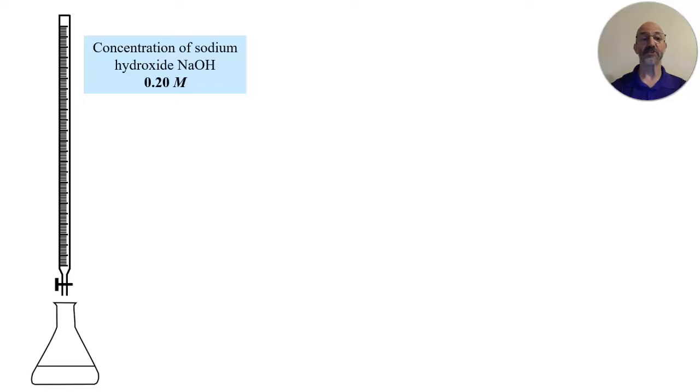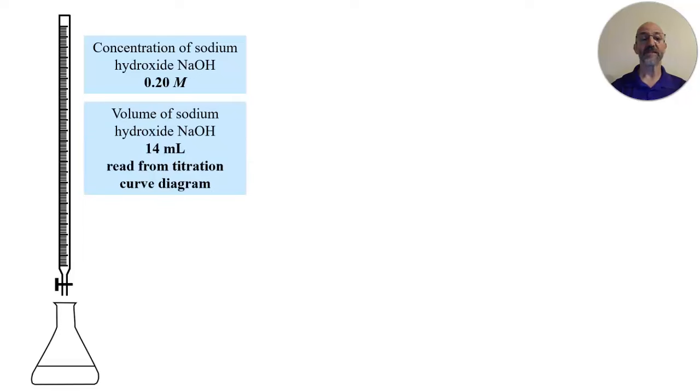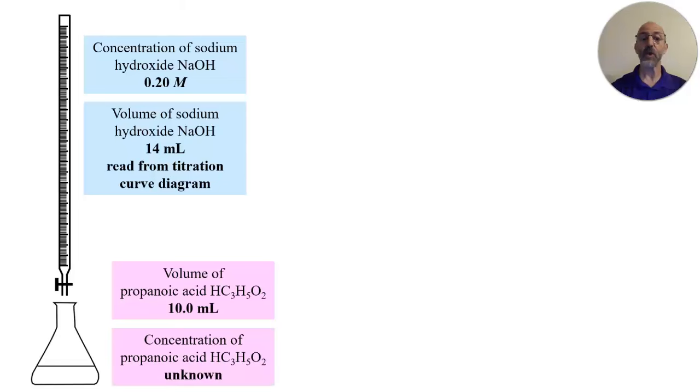We know the concentration of the sodium hydroxide is 0.20 moles per liter, and we know from the titration curve diagram that 14 milliliters of sodium hydroxide is added from the burette to reach the equivalence point of the titration. Now in the flask is the propanoic acid, so we know its volume is 10.0 milliliters, but at this point we don't yet know the concentration of the propanoic acid.